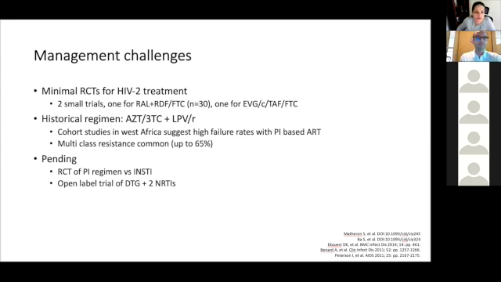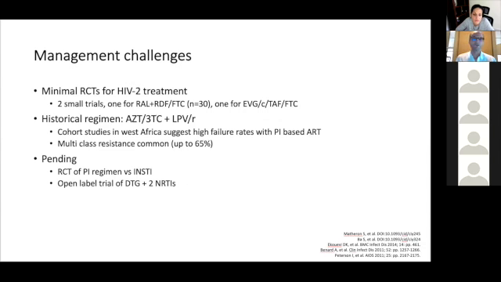So, as I've mentioned, there are two small trials. The first one, the raltegravir one, had 30 people in, and the elvitegravir one, I don't remember the number, but not much more. And then, we think historically about what we used to do in treating HIV2 was to use zidovudine, lamivudine, and ritonavir-boosted lopinavir.